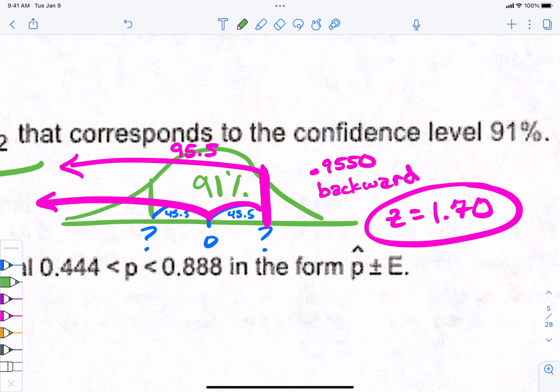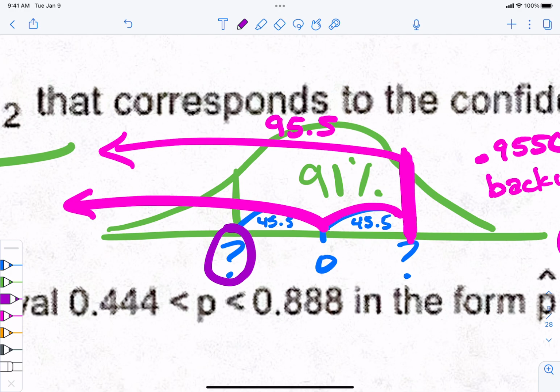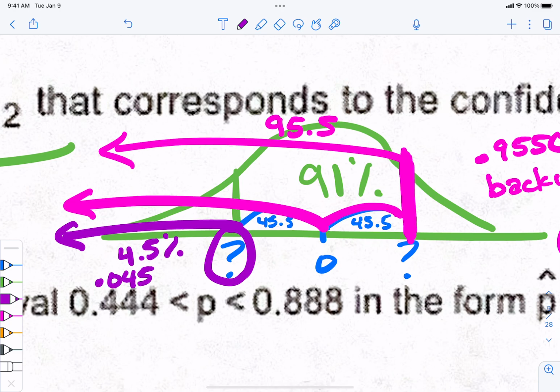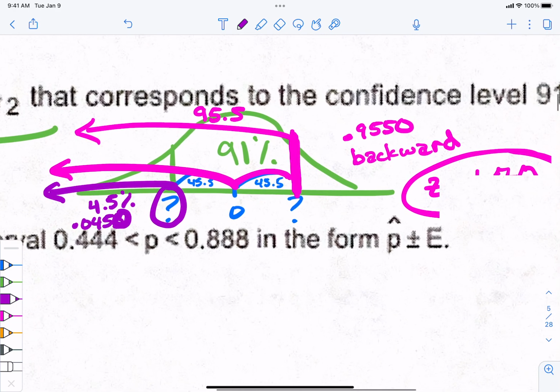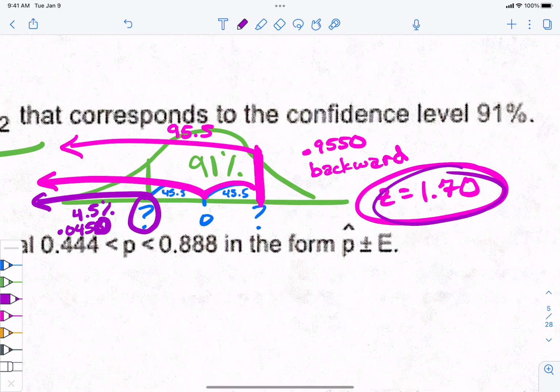Now we could have also looked up this number right here. If 45.5% is there, what percent is below this? 4.5%. So we could have looked up on the negative chart 0.0455. What would we have gotten? Negative 1.7.